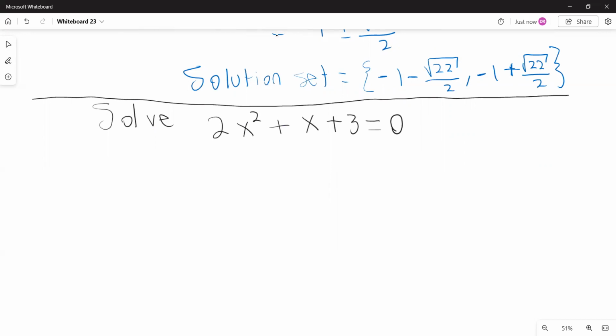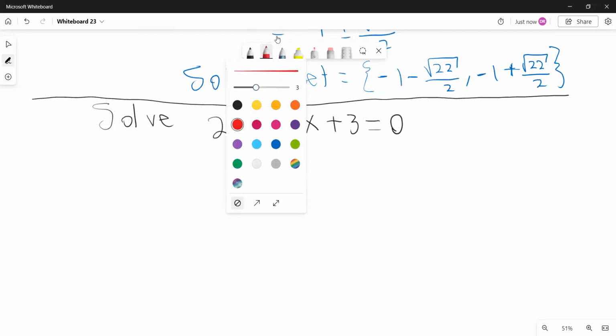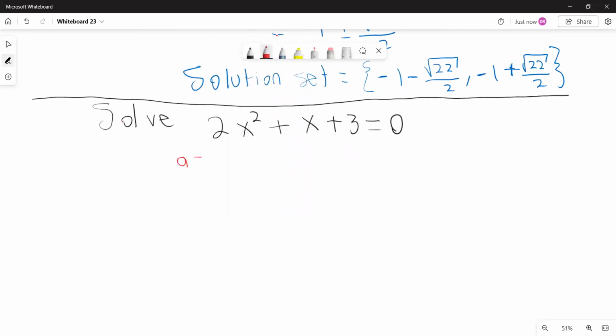Again, that's an equation where the factorization is not clear. It can be done by factoring, by using irrational numbers or complex numbers, but it's not clear. Whenever it's not evident, we're going to use the quadratic formula, where a is 2, b is 1, and c is 3.